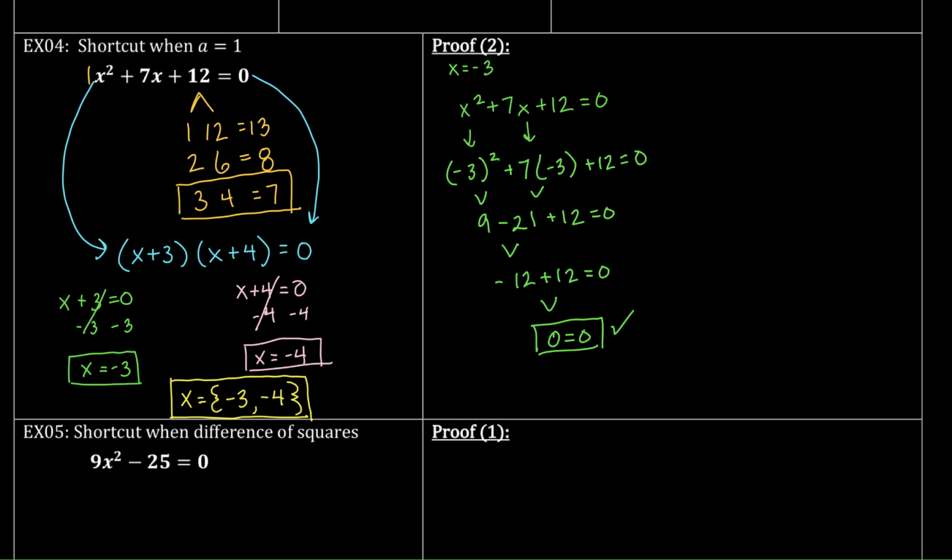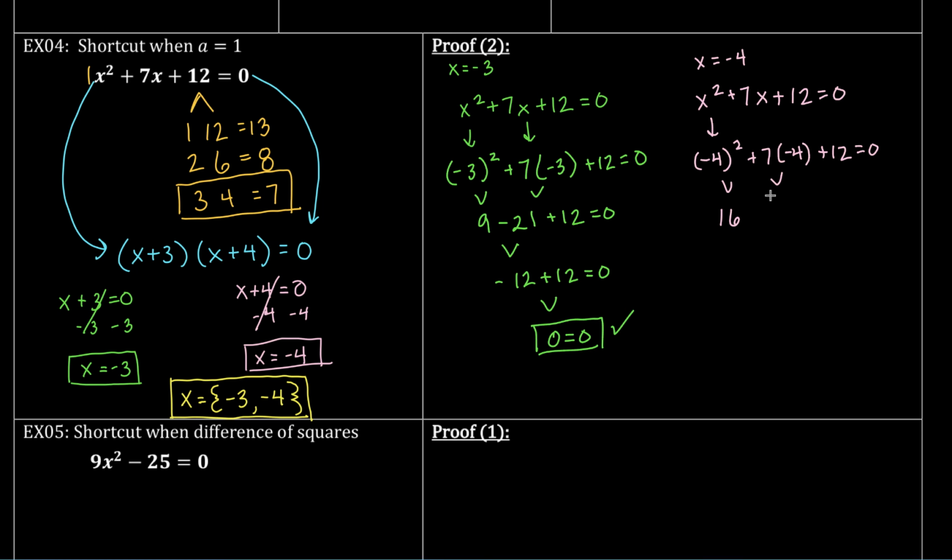Cool. Now I'm going to try the other one, the pink. So x squared plus 7x plus 12 equals 0. For x, I'm going to put negative 4. And I get 16.